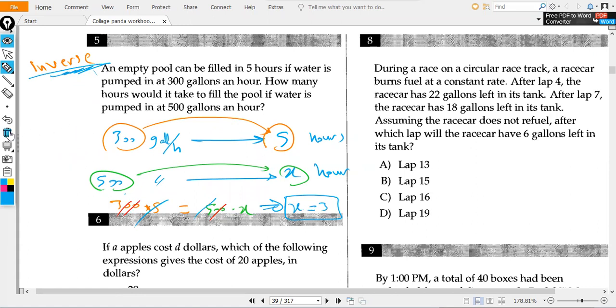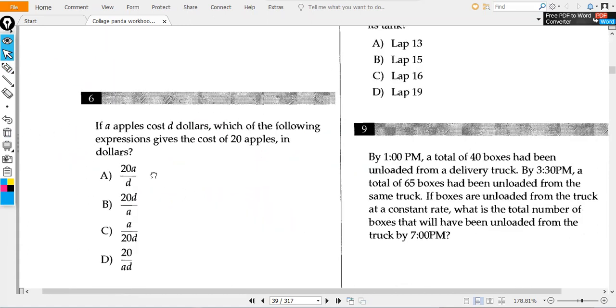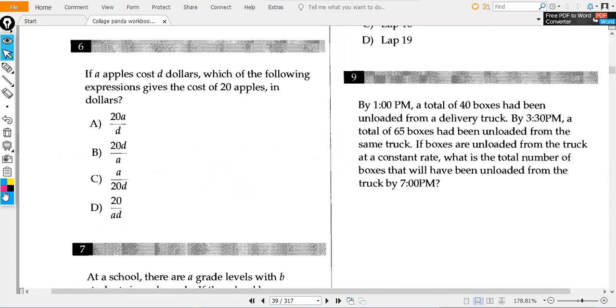Now, next one. Let's go to the next question. Here, I'll give you a minute to try to do it on your own, and please write your choice in the chat.